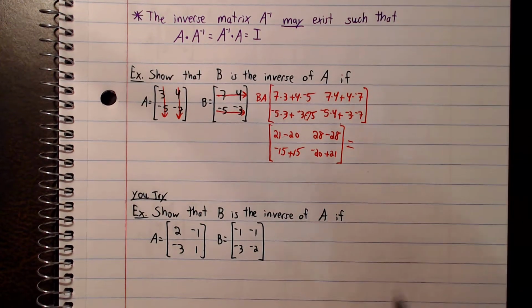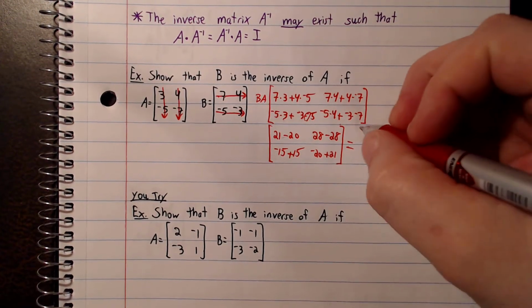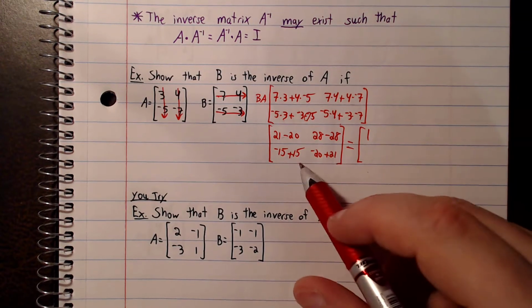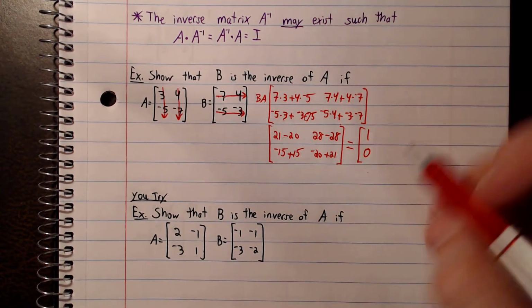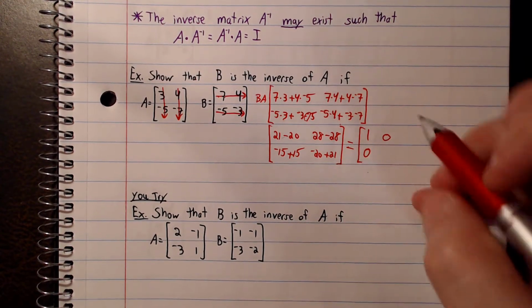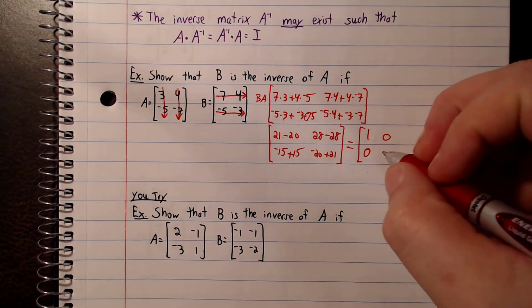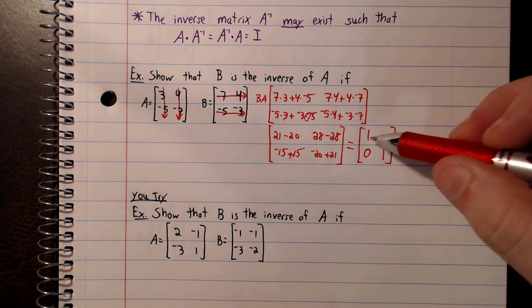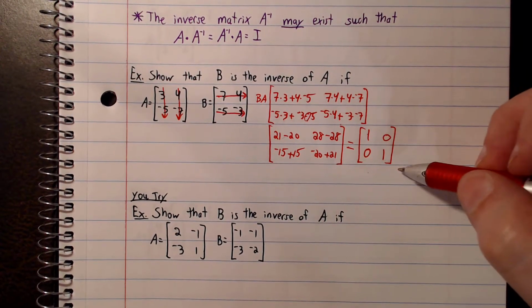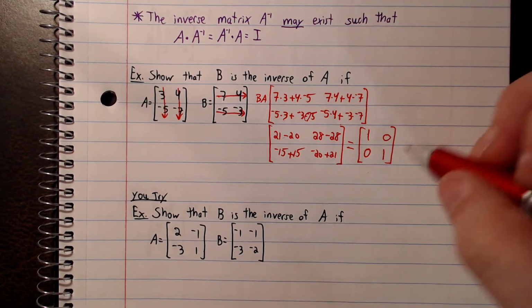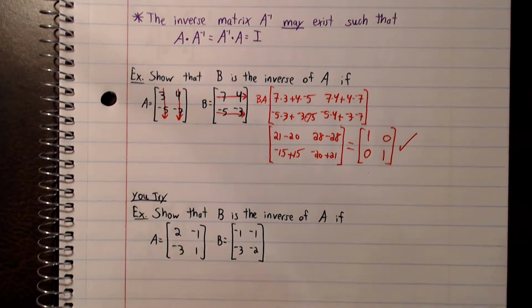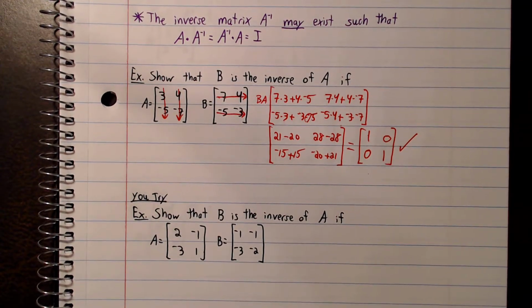So once we simplify everything, 21 minus 20 is 1. These two cancel out, become 0. These cancel out, become 0. And negative 20 plus 21 is 1. So you can see that we have 1s in that main diagonal, 0s elsewhere. That's proof that these two are inverses, or at least B is the inverse of A.